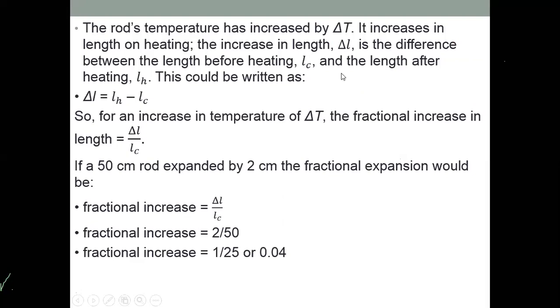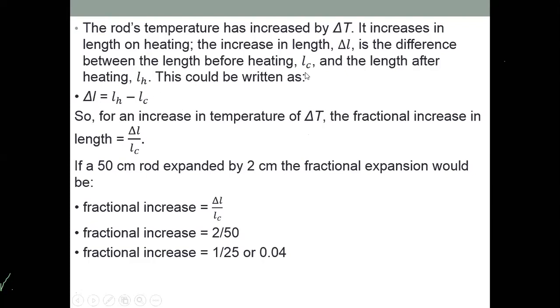What does delta T mean? Delta T means the second temperature minus the first temperature. When you subtract them, you find the amount of temperature increase in the metal rod. What about the amount of extension? We are going to find it like this.